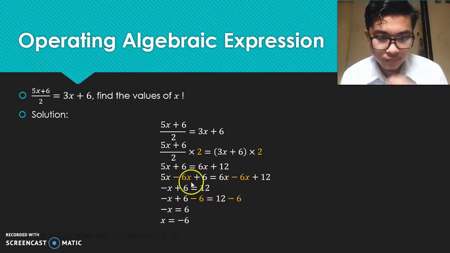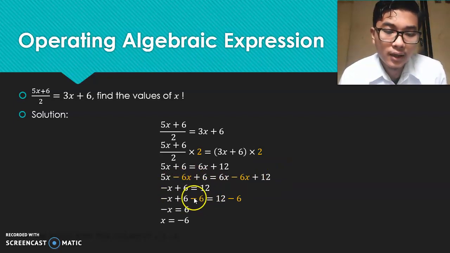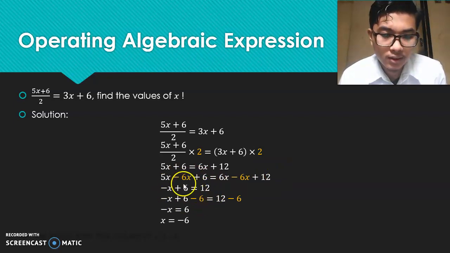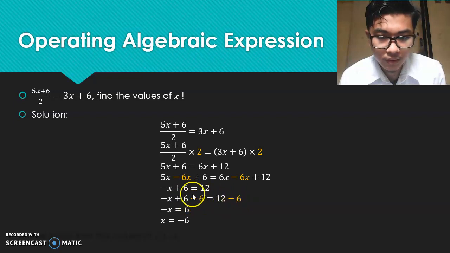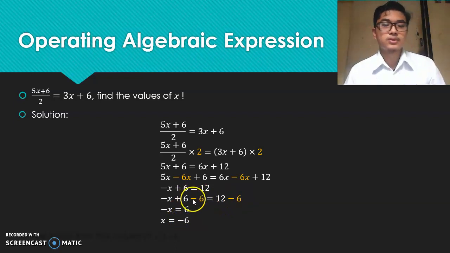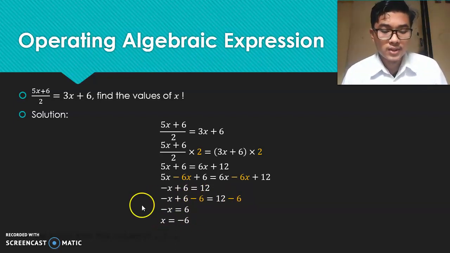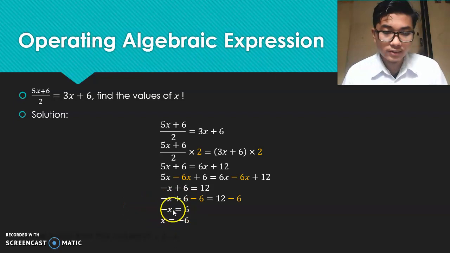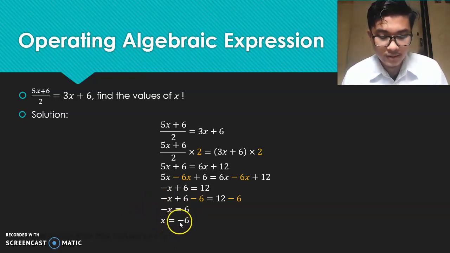This is 12, the remaining, and then to make the 6 disappear, we subtract 6 from both sides. So this is removed. So minus x equals 12 minus 6, remaining is 6. And then both sides multiply by minus 1, so x equals minus 6.